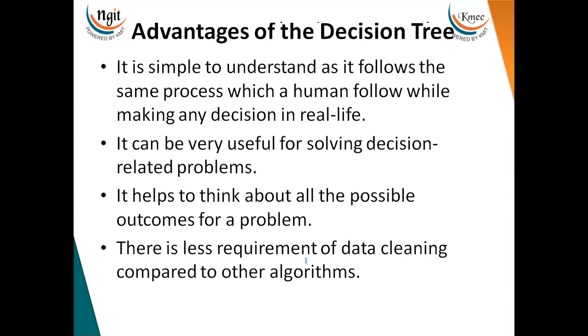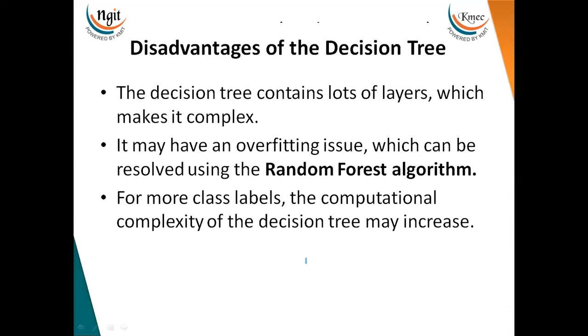There is no data preprocessing required, as compared to other algorithms. Now, the disadvantages: if the number of layers increases, it becomes more and more complex, and sometimes it will cause an overfitting issue. And if we have multi-class classification, then the computational complexity of the decision tree may increase. So these are all the disadvantages of the decision tree.